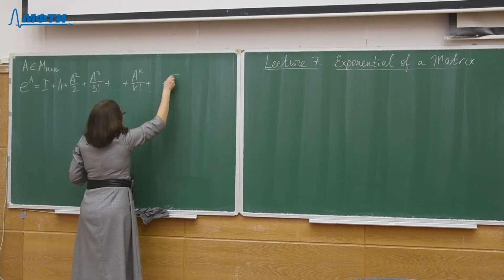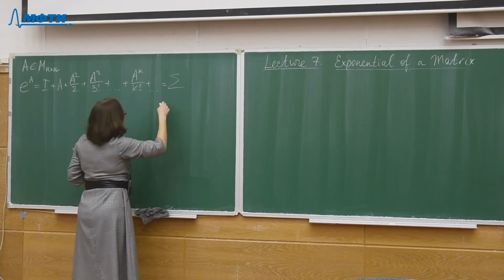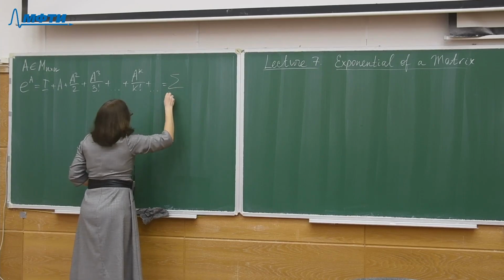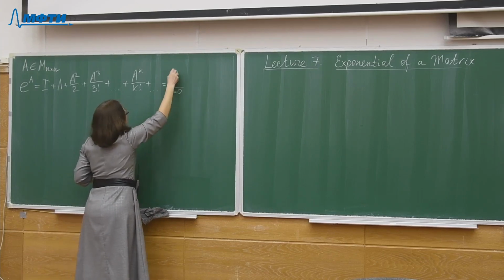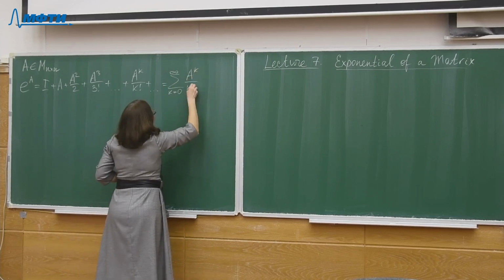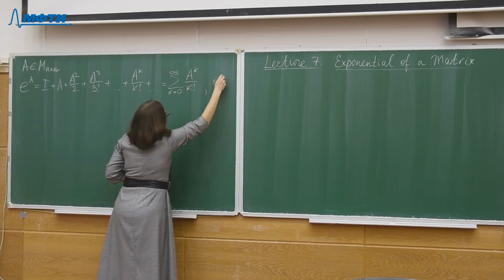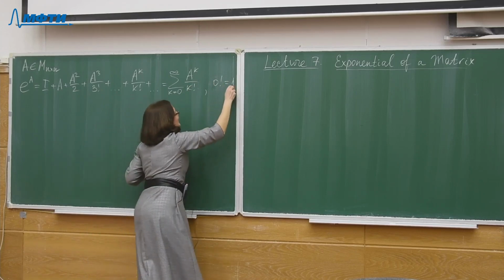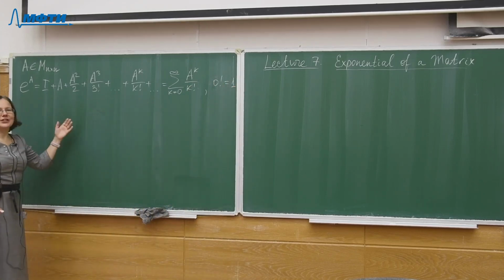And this can be written in the compact form as the sum where k runs from 0 to infinity, A to the power k divided by k factorial, where 0 factorial is equal to what? What is it? 1, right?